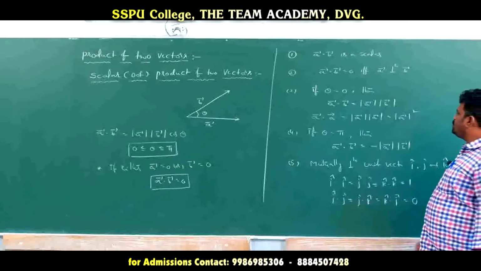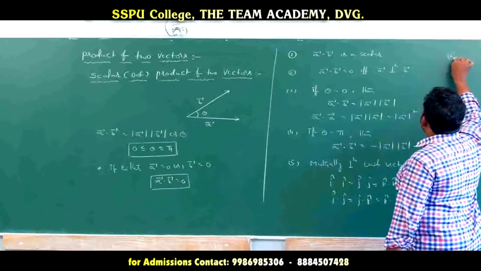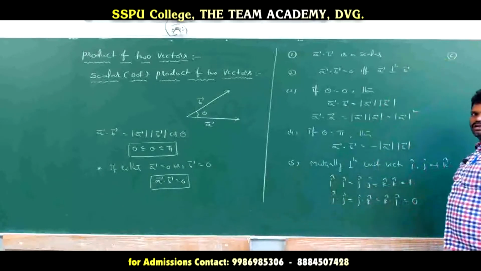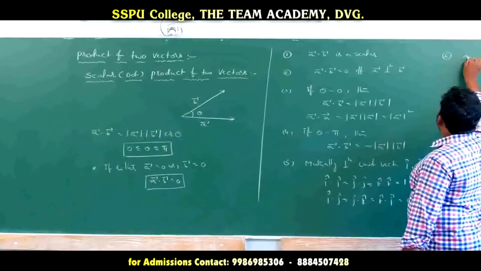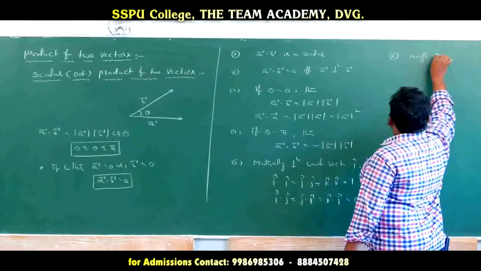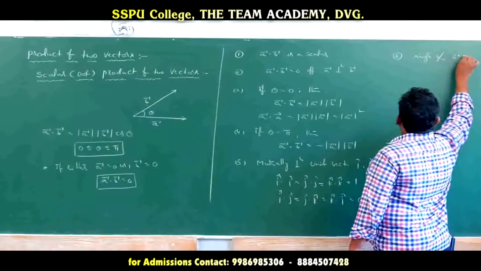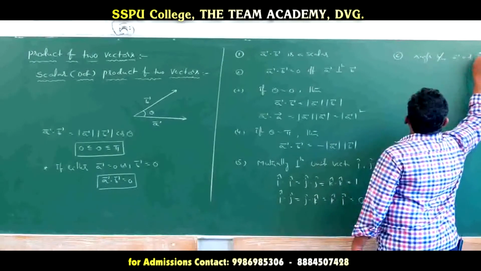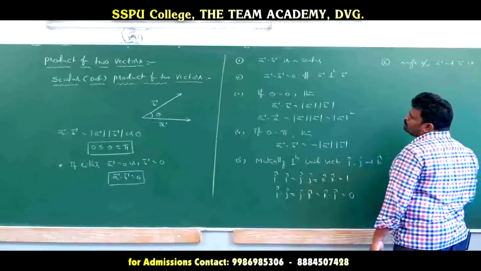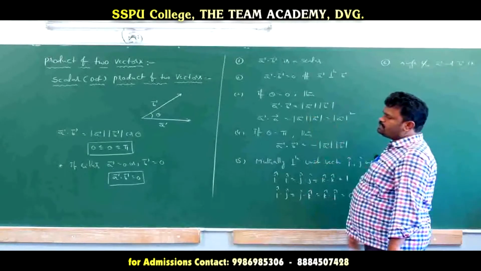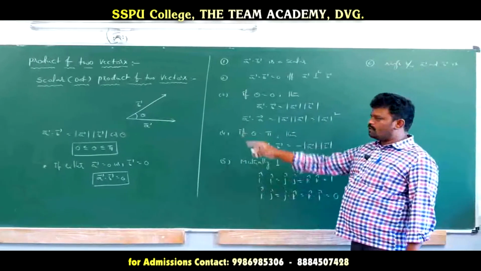Next, the sixth point: if you want to find the angle between two vectors a bar and b bar, you already know the formula a bar dot b bar is equal to magnitude of a bar into magnitude of b bar cos theta.